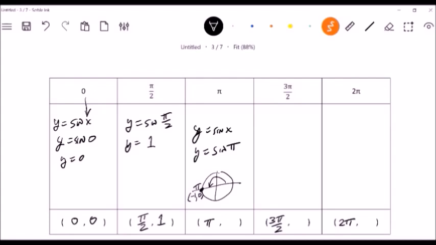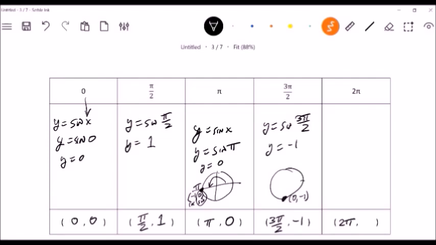So the sine, though, this is cosine and this is sine, so the sine is 0, y equals 0. For 3 pi over 2, y equals the sine of 3 pi over 2. And again, on the unit circle, that's down here. And the cosine is 0, and the sine is a -1. So y equals -1.